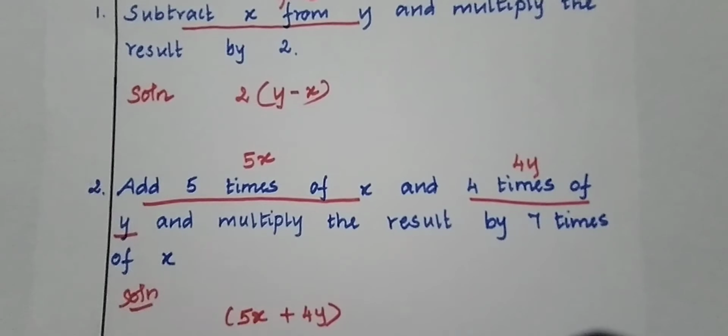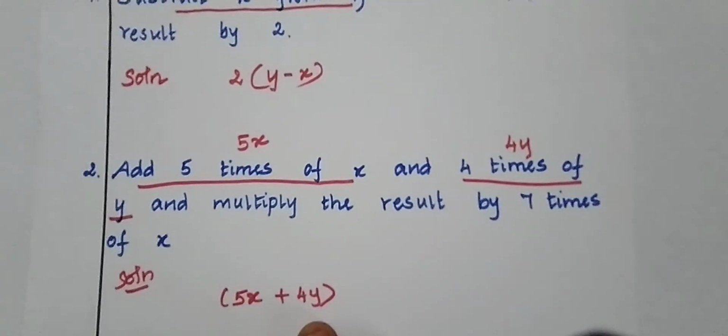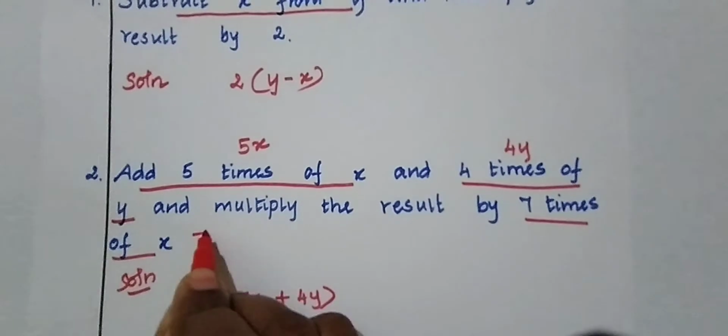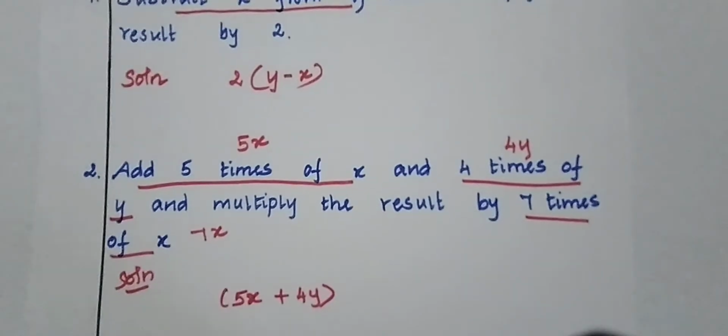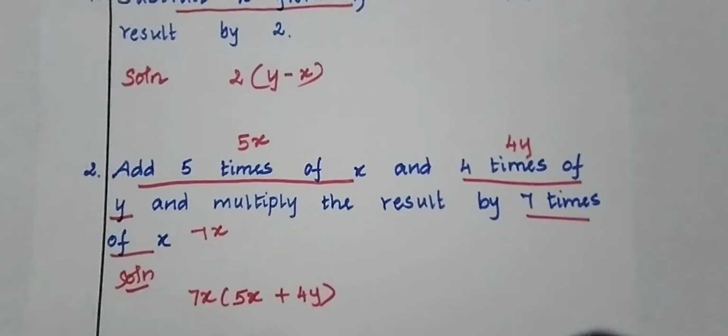Multiply the result by 7 times of x. Now you got the result as 5x + 4y. Now you should multiply the result by 7 times of x, which means that 7x. So 7x(5x + 4y).